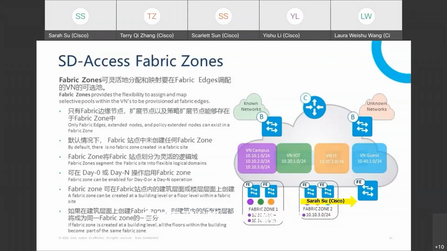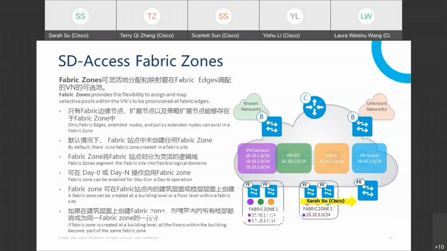Firstly, macro segmentation. What we see in this diagram as individual VNs, virtual networks, is actually macro segmentation, which is a logical segmentation at the routing table level. Similar to what we talk about in traditional networks with MPLS VPNs, each VN has its own VRF routing table.